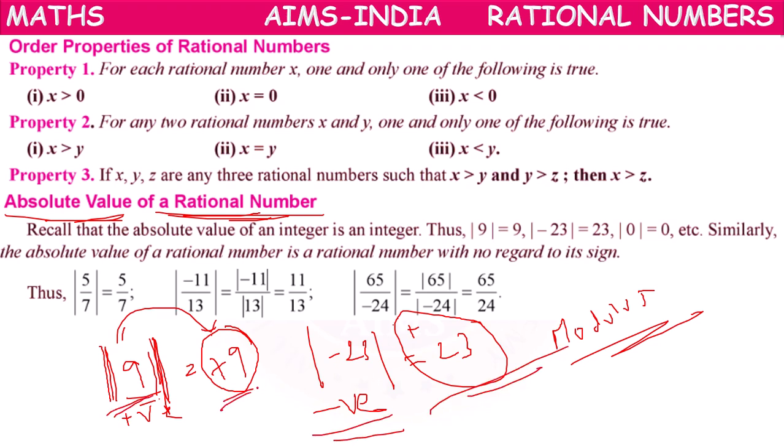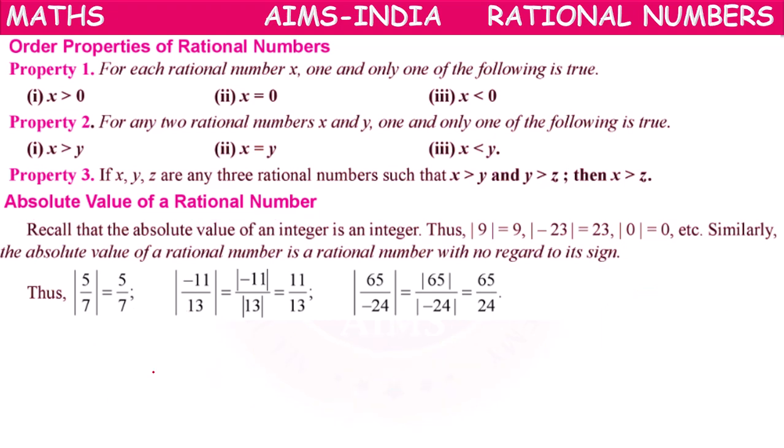Modulus or absolute value is always positive. Similarly, for rational numbers, the absolute value is always a positive rational number with no regard to its sign.